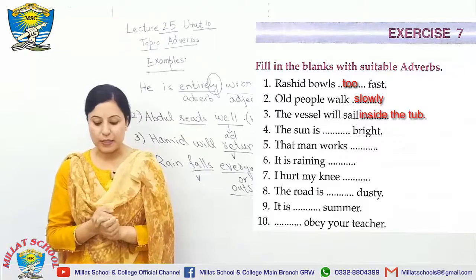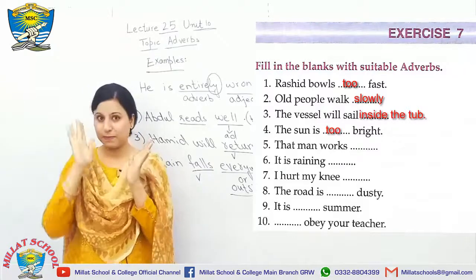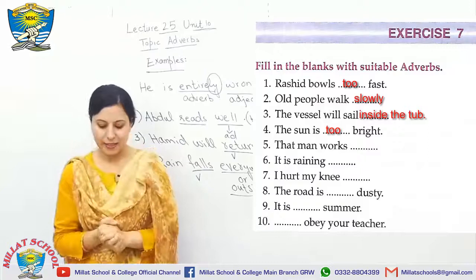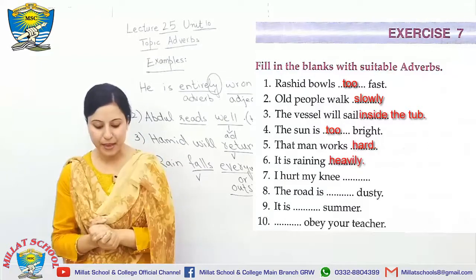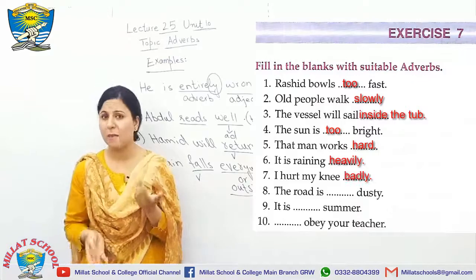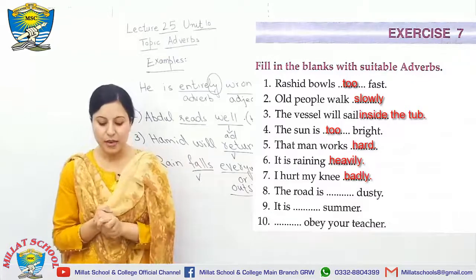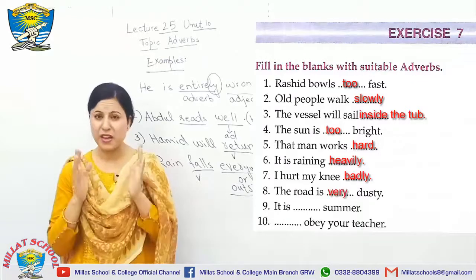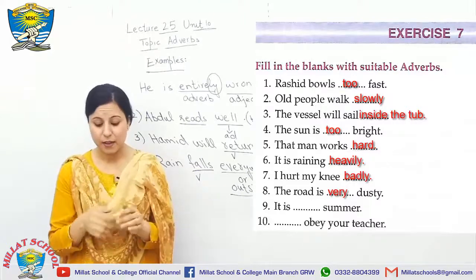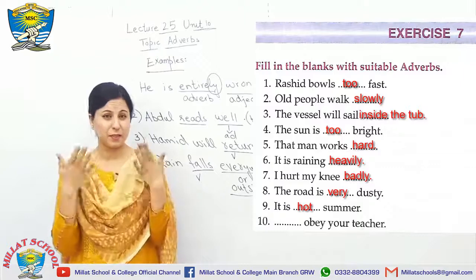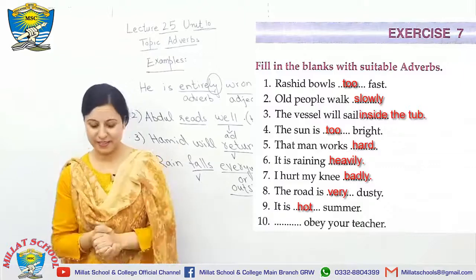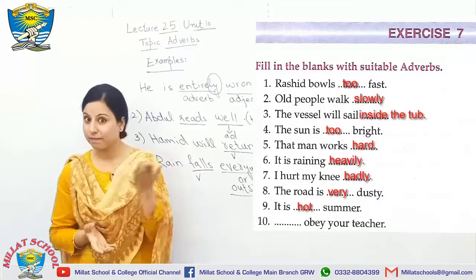Number 4, the sun is too bright. Too bright. Number 5, the man works hard. Number 7, I hurt my knee badly. Number 8, the road is very dusty. Number 9, it is hot summer. It is hot summer.